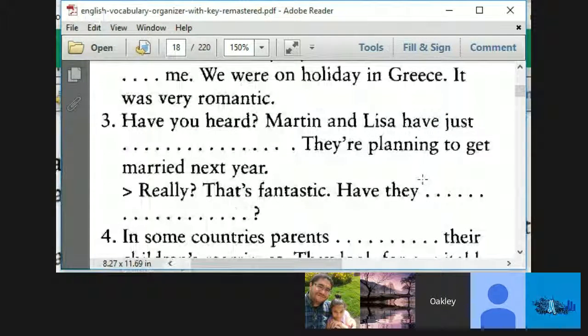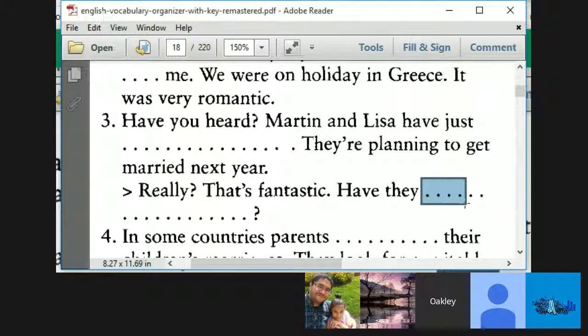Yeah. Have they set a date? Typical question in a conversation about this news. Have they set a date? What does that mean? A date for what? I think make a date for something. Yeah, for what? That's my question. Have they set a date? Okay.